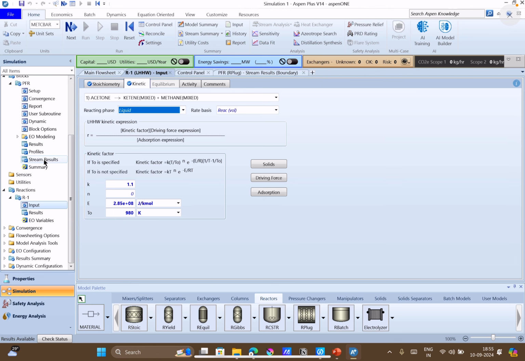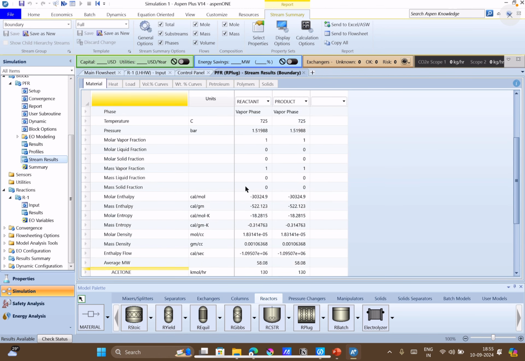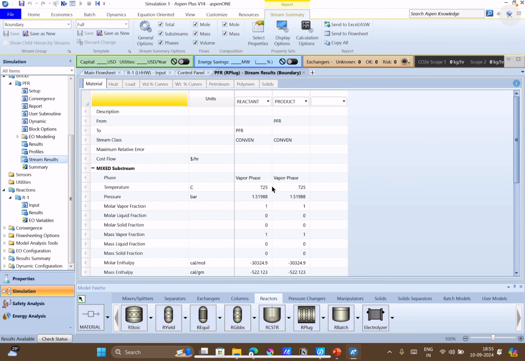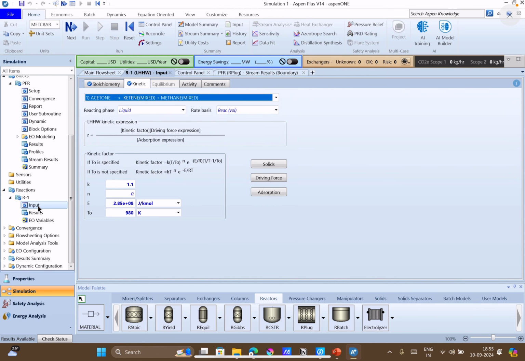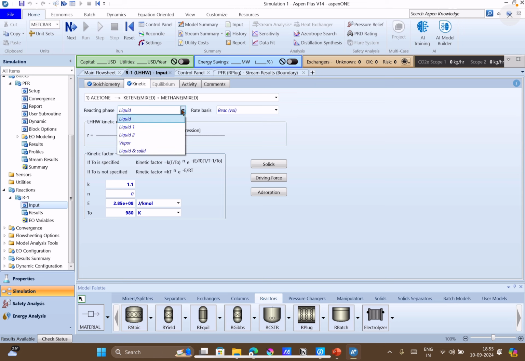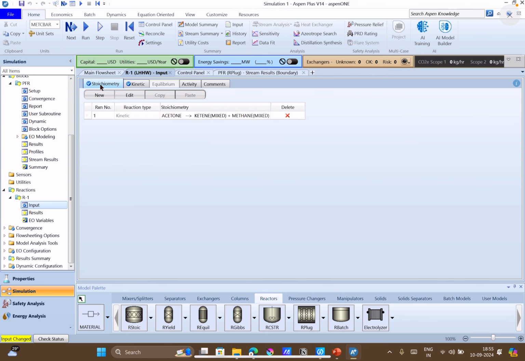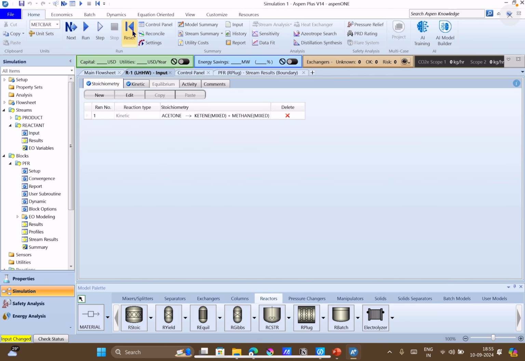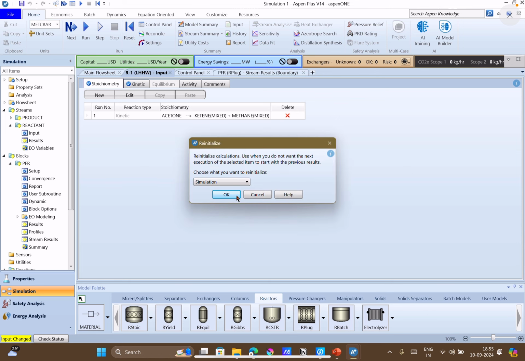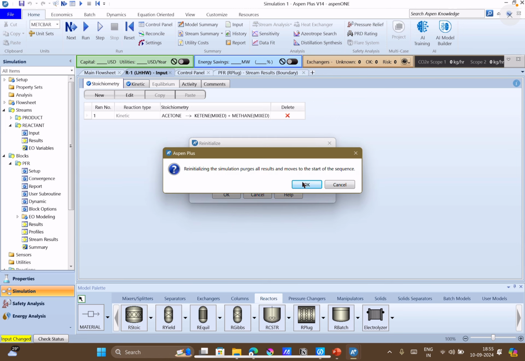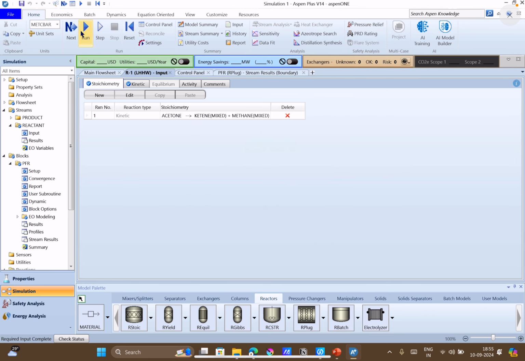If you will see the stream part, the temperature is 725 degrees centigrade, which is very high, so we have vapor phase. So the mistake I made is that the reacting phase was selected as liquid by default and I haven't changed it, which should be vapor. Okay, so now that we have made these changes, let's rerun it. First let me reset the simulation and run it.